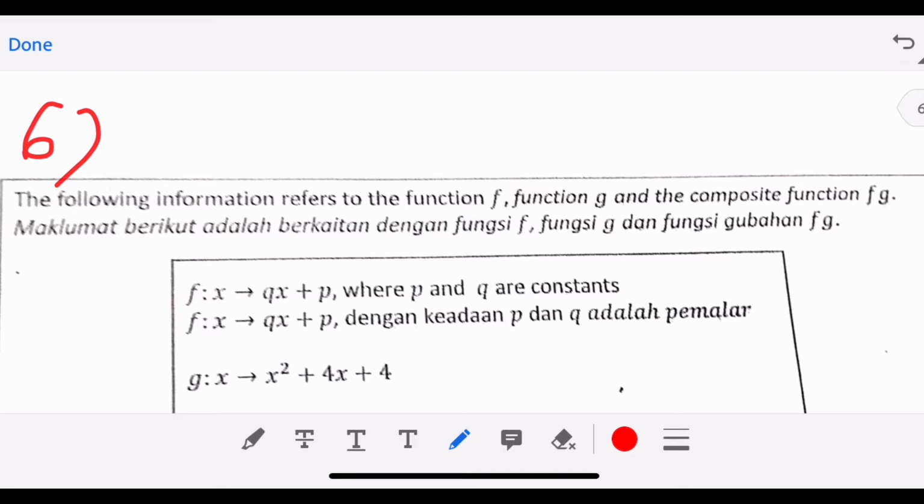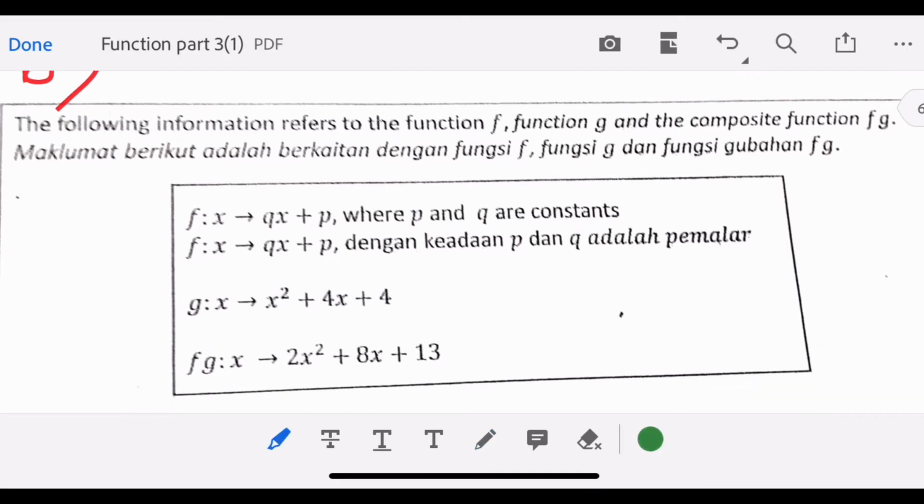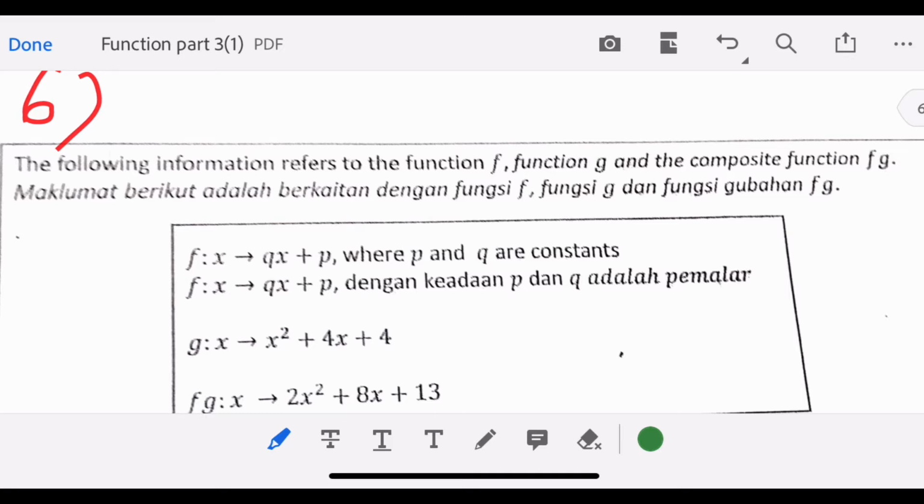So if the question is repeated, you can do it again, no problem, right? Make sure the order of the numbers is in sequence. Okay, but it's okay. We will just assume that you are doing all the questions. So this is question number 6.